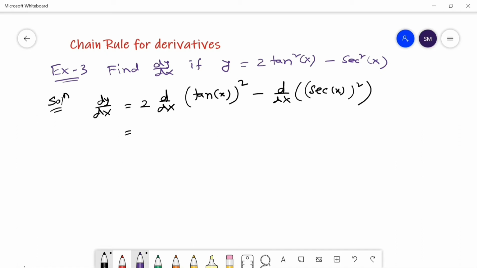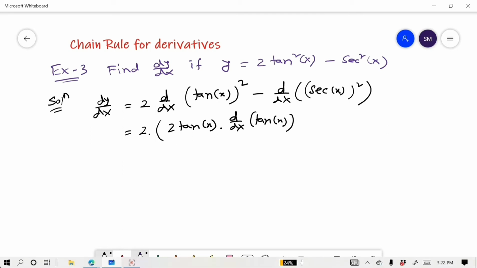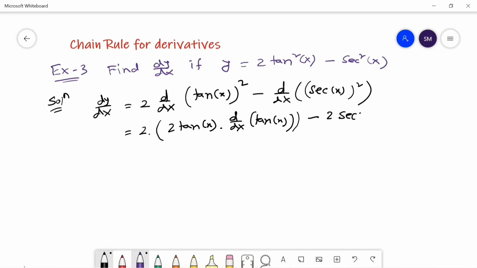So therefore by chain rule we will have here 2, then 2 tan x, derivative of the inside function which is tan x, minus 2 secant x and derivative of secant x.